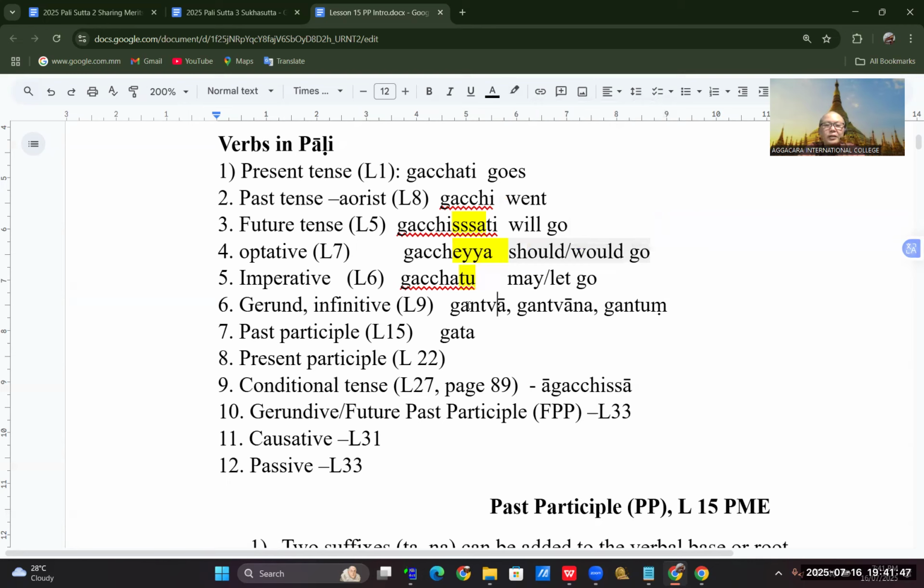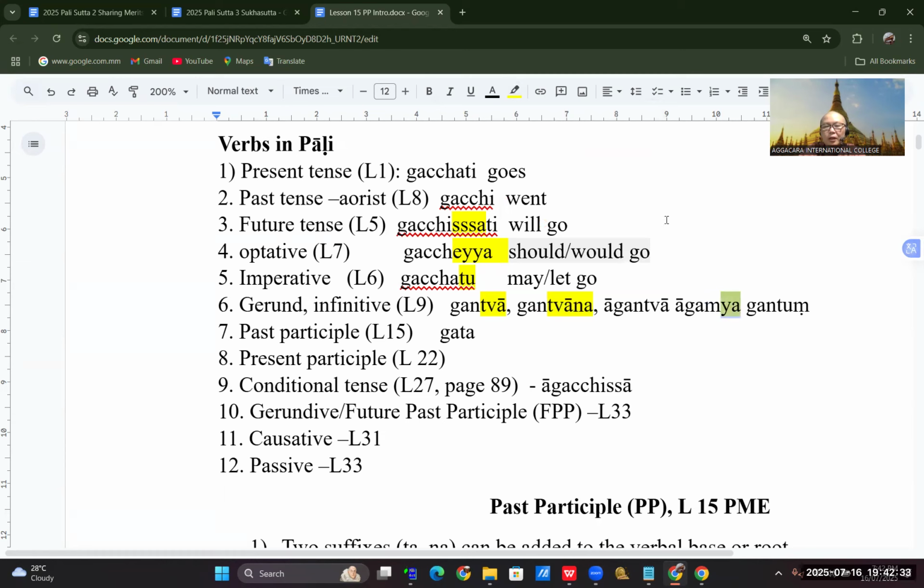And then, like just now, we see this one, tvā, gantvā. Sometimes if you have a prefix in front, āgantvā, or āgamma, the ya becomes... So either tvā, or tvāna, or sometimes with the ya suffix.